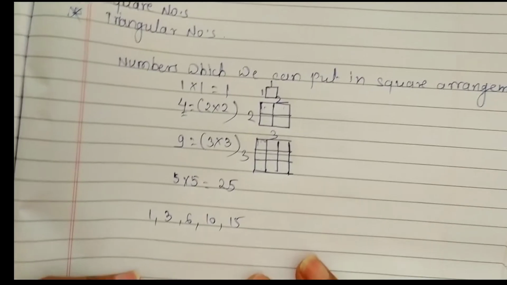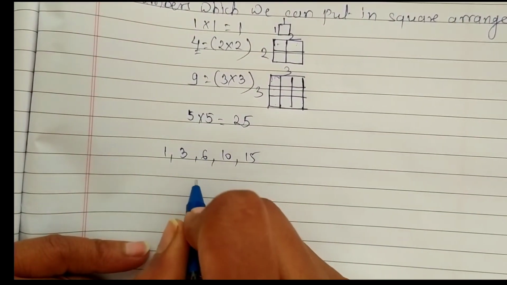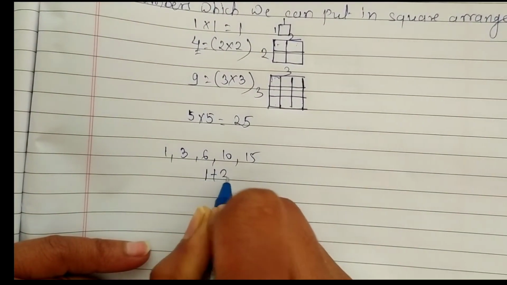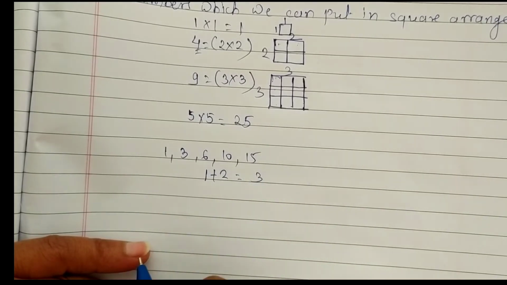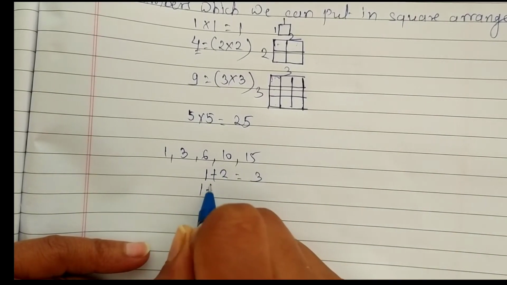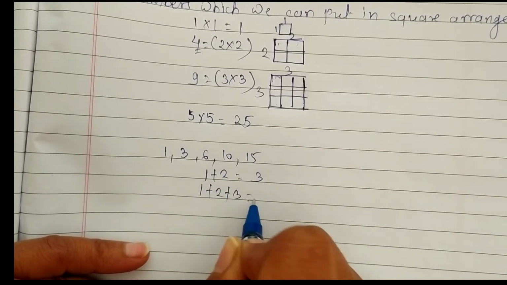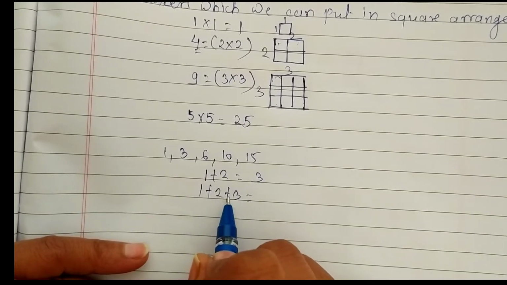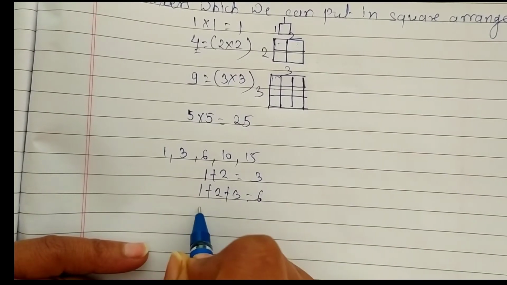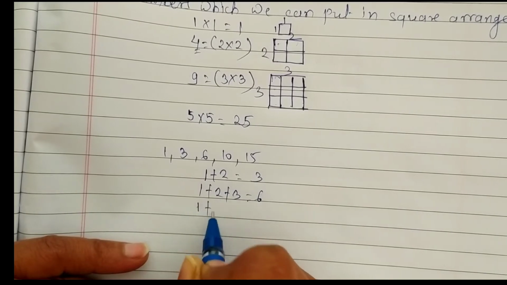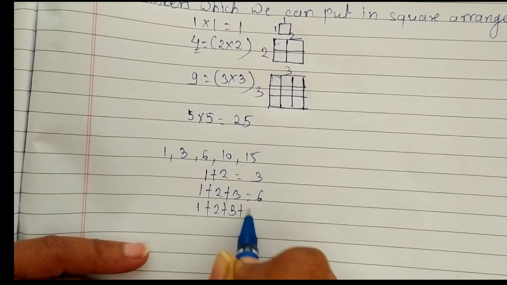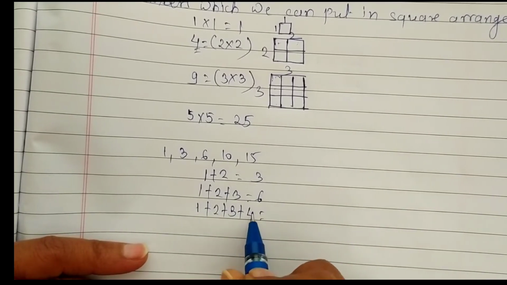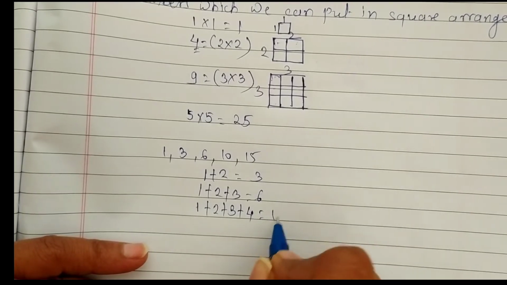When we add these natural numbers like this, 1 plus 2 is equal to 3. Then 1 plus 2 plus 3, the sum here is 6. Again 1 plus 2 plus 3 plus 4, the sum we get here is 10.